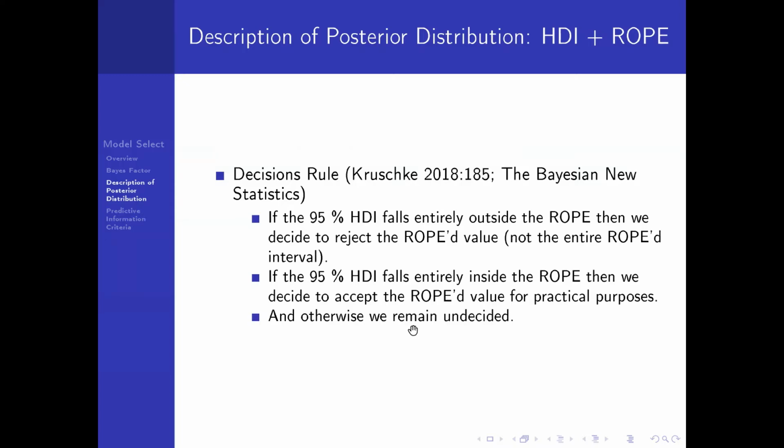Well, then we say, well, undecided. There's not enough evidence from the data and prior to help us decide if we can reject or accept the null value that's roped. Okay.